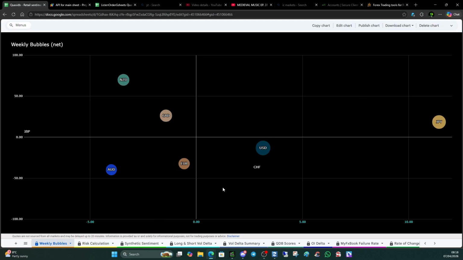Now this would be mixed because they're net short, but they added, we're in the positive zone. So this would be mixed, okay? Likewise, we're in the negative zone, they're long, but they've gone short, okay? So that would be mixed. And what might happen with these two, they may gravitate down into the buy, and dollar might gravitate up into the sell.